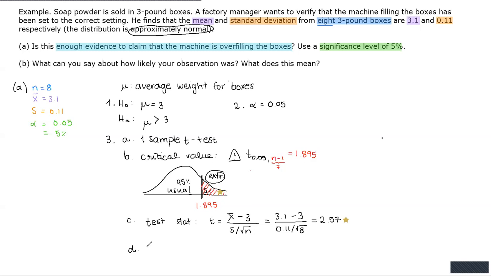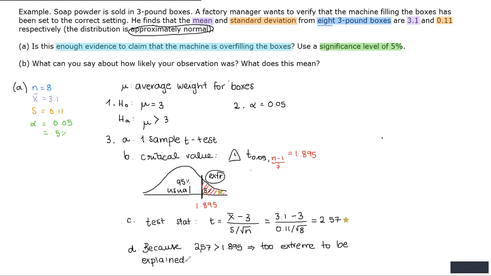And so because 2.57, our test statistic, is larger than 1.895, which is a critical value, that means that our value is too extreme to be explained by our original hypothesis, right?